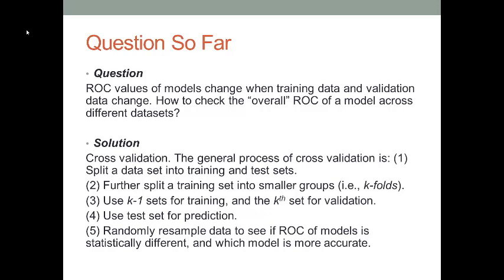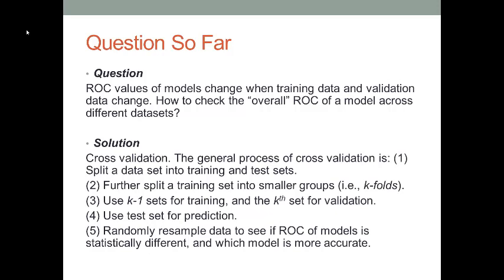What we want to do is to randomly form some new samples, and then apply the model to these new samples. Take a look at the ROC of the model. Then we want to compare if a model's ROC is statistically better than another one. Which model is more accurate? This is the general process of cross-validation.